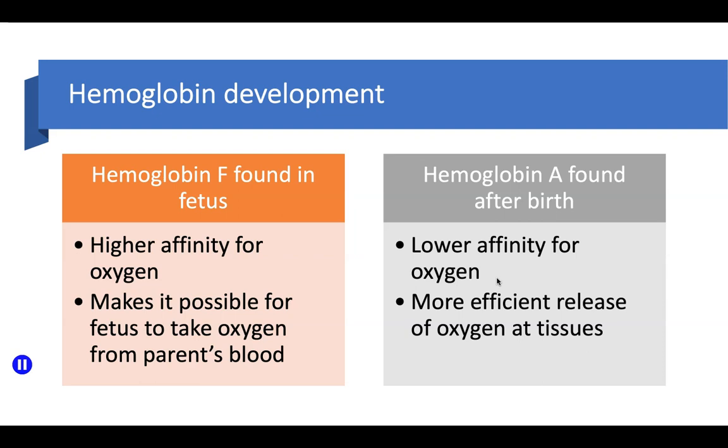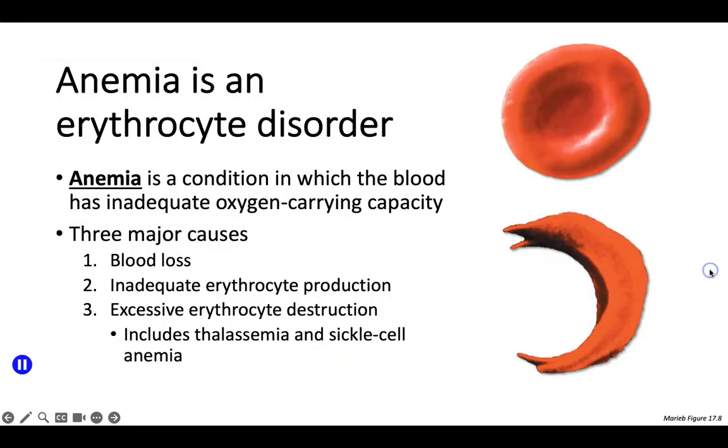This actually is very good for your body because it means that that hemoglobin more efficiently releases oxygen at the tissues that need oxygen. So in this case, you're responsible for getting that oxygen from the atmosphere into your lungs, into your blood, and then from your blood to your tissues. And so it's important that the release of oxygen be very efficient. So hemoglobin A is found after birth.